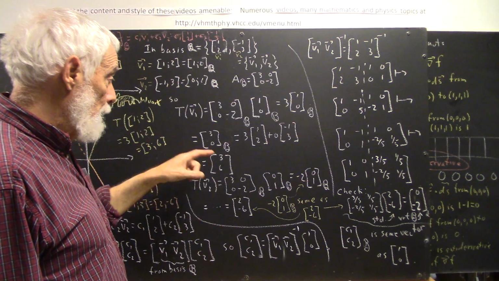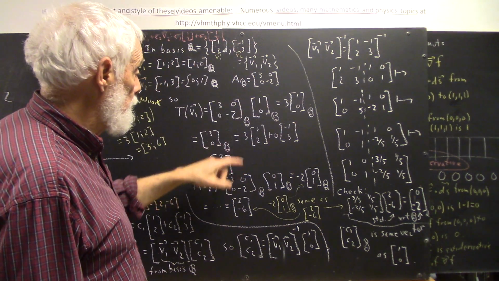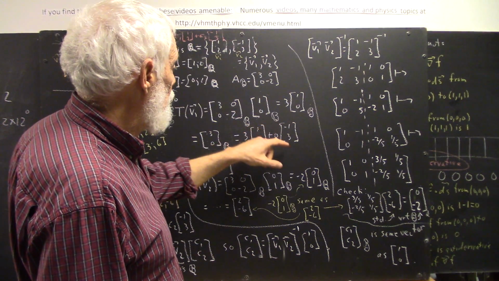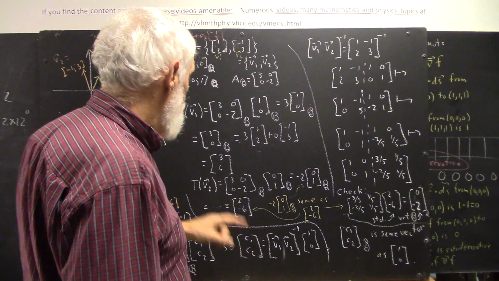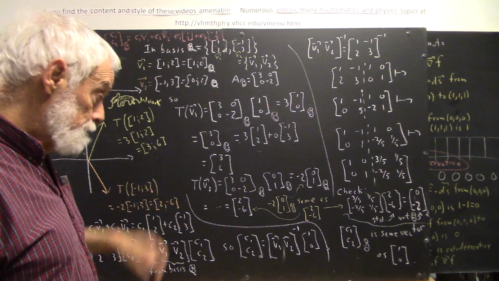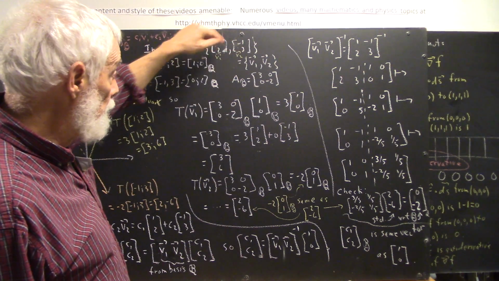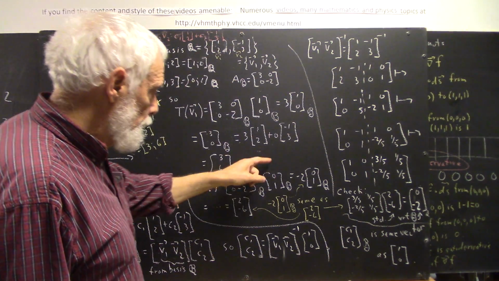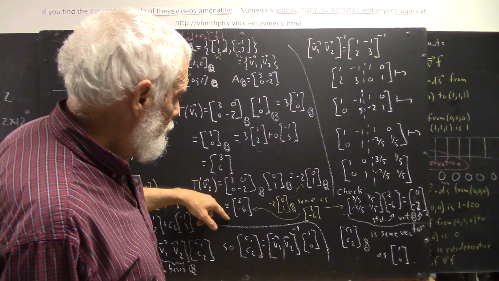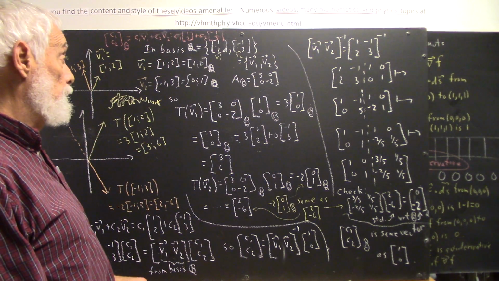And as I just said, that means 3 times the first vector plus 0 times the second. Well, here's 3 times the first vector and 0 times the second. And that gives us (3, 6). Okay, then T of v2, v2 relative to the eigenvector basis is just none of these, one of these, (0, 1) relative to this basis, and gives us this, and that should be fairly easy to understand.